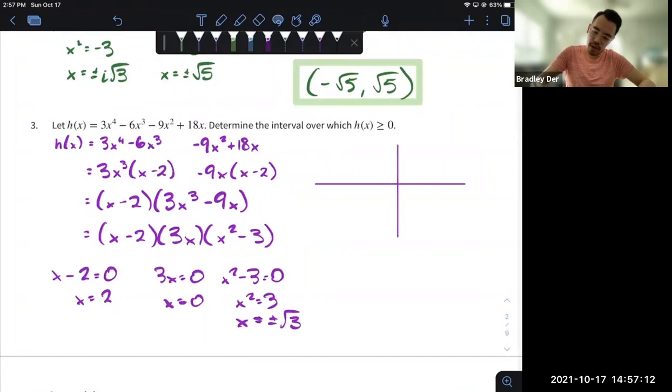So drawing in some axes here, put a root at 0. We've got a root at 2, and then for the radicals, I just need to know whether they are going to be greater than or less than 2. But root 3 is less than root 4, so root 3 should be less than 2.